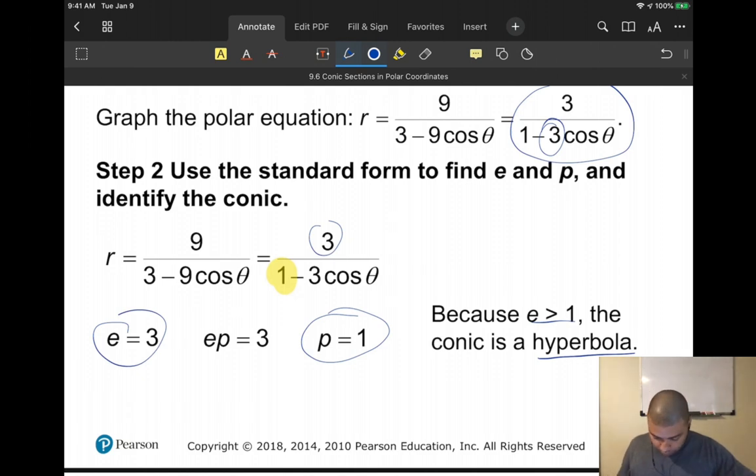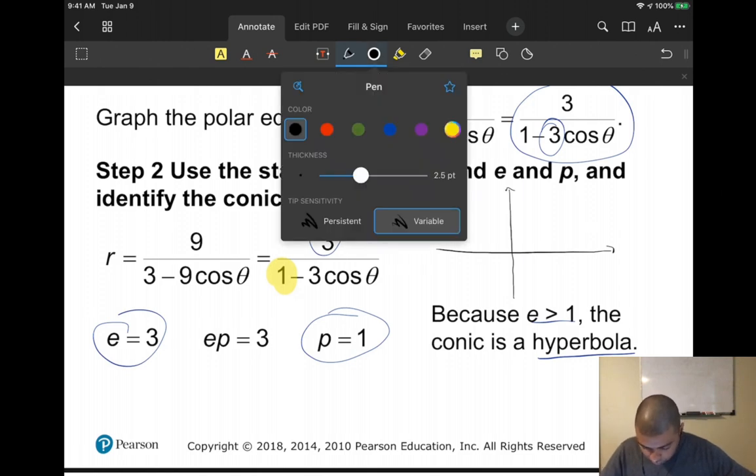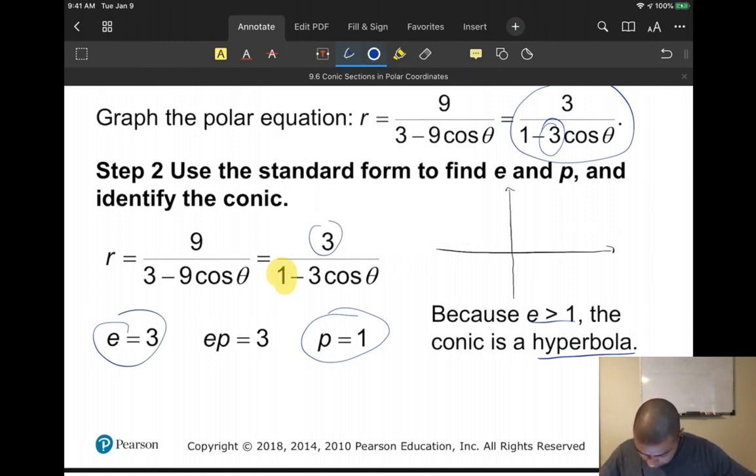And then let me sketch this here before moving on. This is not my graph yet, this is just a sketch, so I know what to expect. This is a hyperbola. This is the focus, always the focus. Let me do it in red actually.